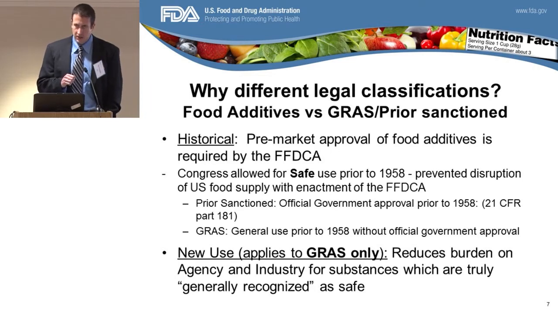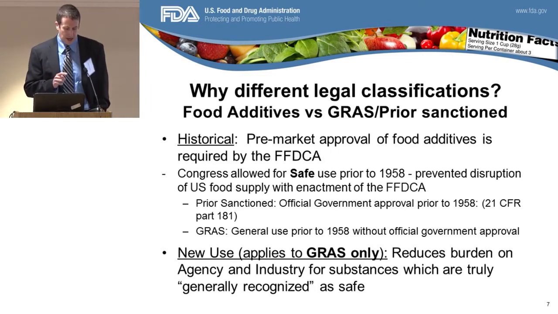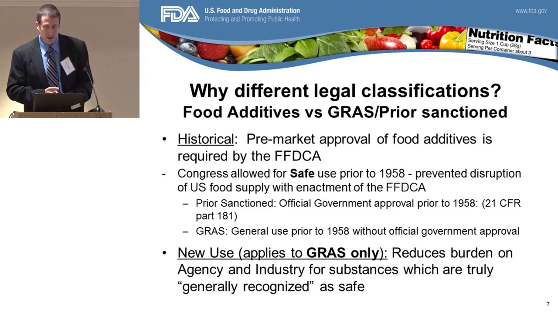We would note that generally recognized as safe status can also apply to something that has been used since 1958. We'll talk about what the requirements for generally recognized as safe for use after 1958 are. It's mainly that there truly has to be generally available information that the product is safe for its use, and there has to be a general recognition among competent scientists that that material is safe.